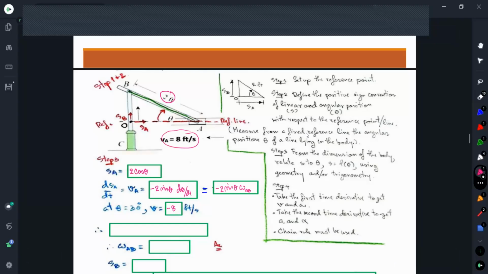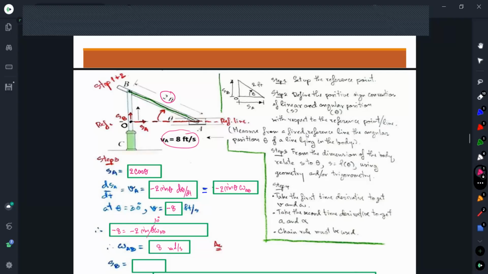So VA is equal to minus 8, which is equal to minus 2 sine theta omega AB. After we solve this equation with theta equal to 30 degrees, we obtain omega equal to 8 radians per second.